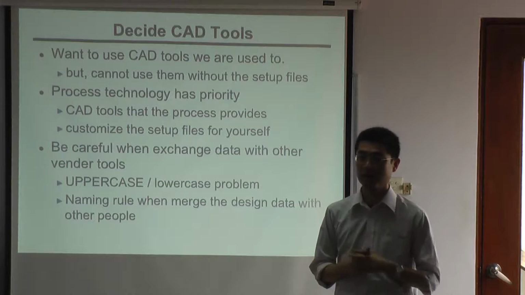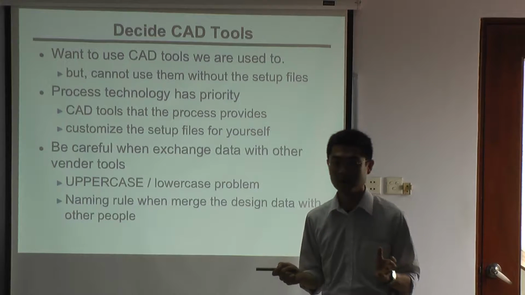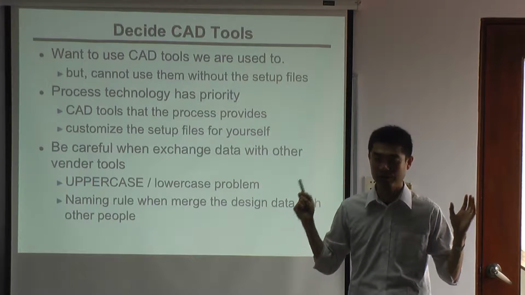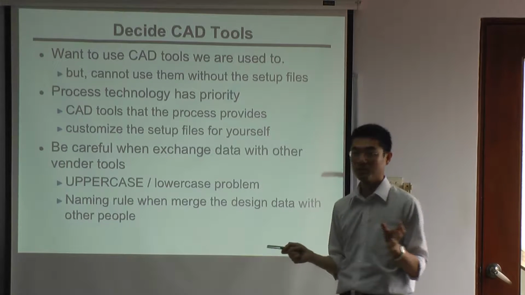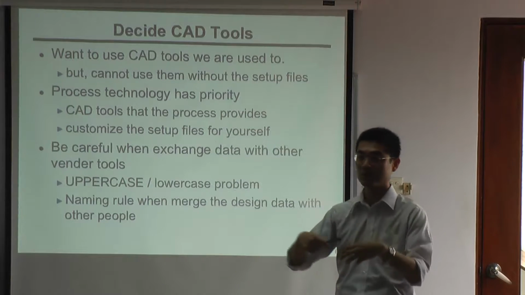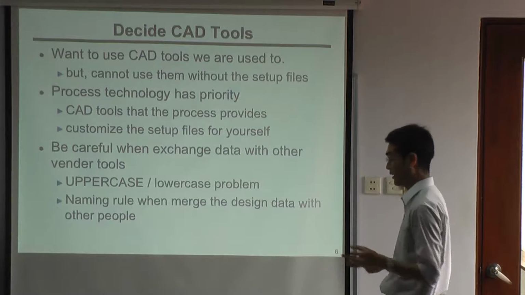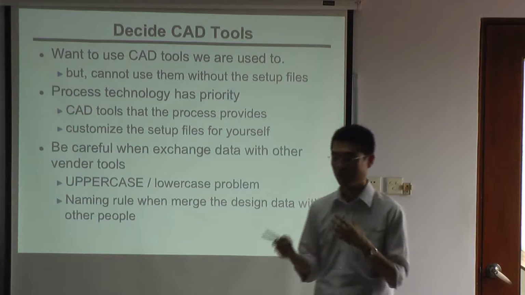And in most cases, you design your circuit as a team. So when you design the circuit by your team, finally, all the data converge into one circuit. So at that stage, you will have much trouble.